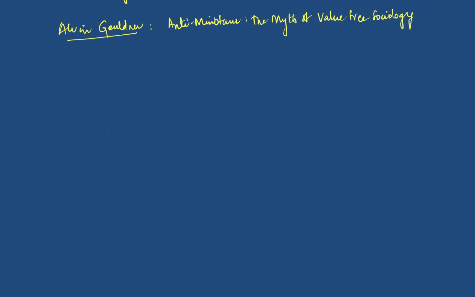And here he writes that facts and values in sociology cannot be separated. Values and facts cannot be separated in sociological research, and sociologists, no matter how great a sociologist they are, cannot escape from the values that they have in their mind, right?